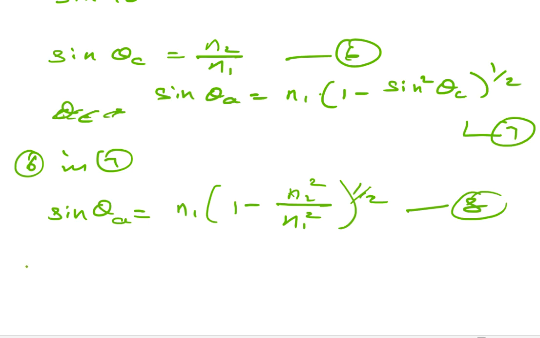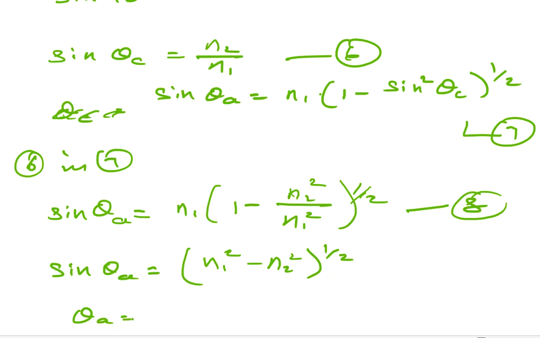Take this n1 inside. So sin theta A equal to n1 square, because we are taking into the bracket which is having root. So n1 square minus n2 square to the power 1 by 2. Now take this side. So theta A equal to sine inverse of n1 square minus n2 square to the power 1 by 2, which is equal to acceptance angle.